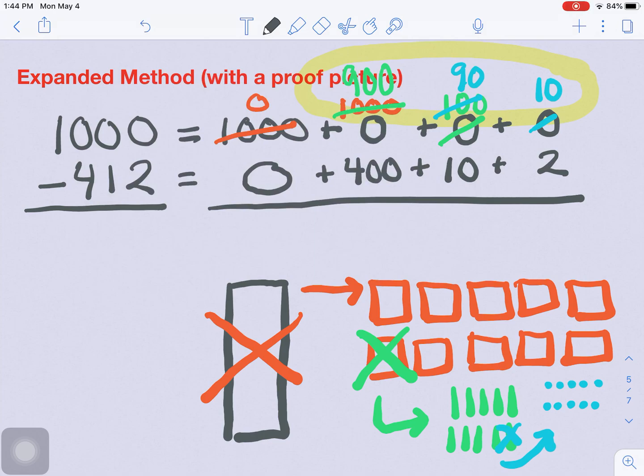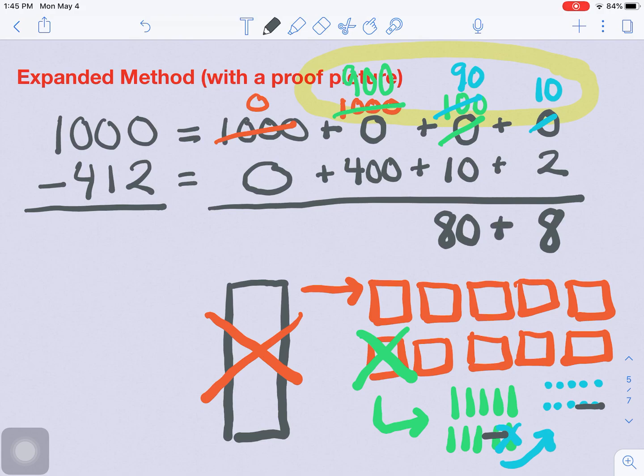Okay, so now that I have done all of my ungrouping with my proof picture, I can actually start to subtract. So I'm first going to take away my 2 ones from my 10, and notice that I now have 8 ones. I'm going to take my 10 away from my 9 tens. So 90, take away 10, and I have 8 tens or 80.